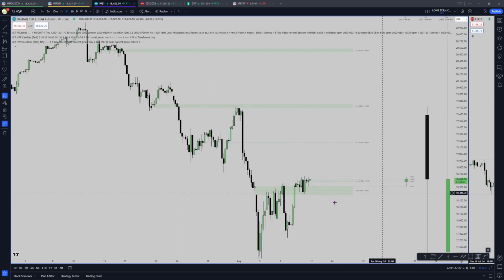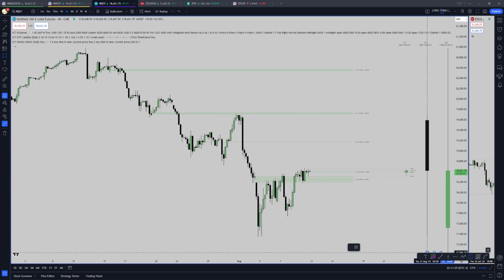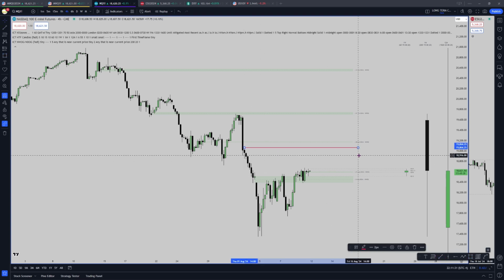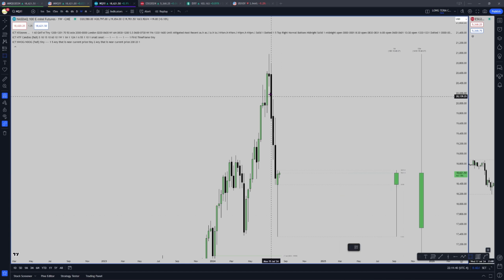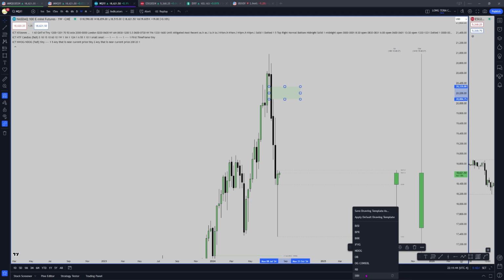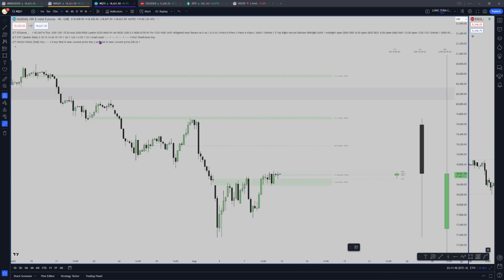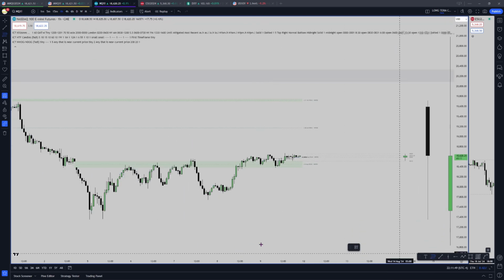This week I want more bullishness. This is my first draw on liquidity, 19064. But at most I want to see this fair value gap. I think it also aligns with some standard deviations.